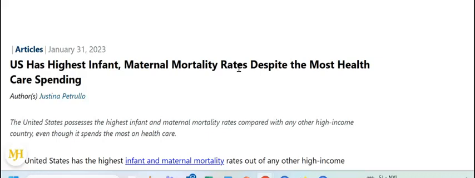Again, this is from high income countries. I'm not saying we have a higher infant mortality rate than low income countries, but I am saying we do have the highest infant and maternal mortality rates compared to other high income countries, and despite the fact that we spend the most on healthcare spending.